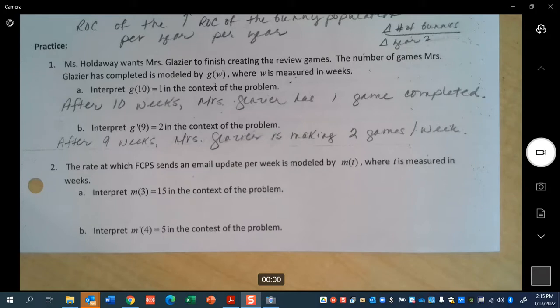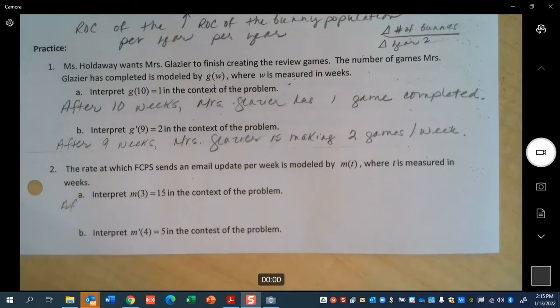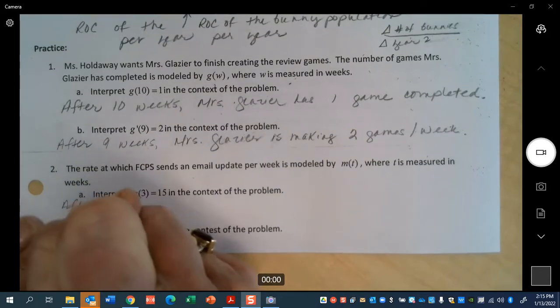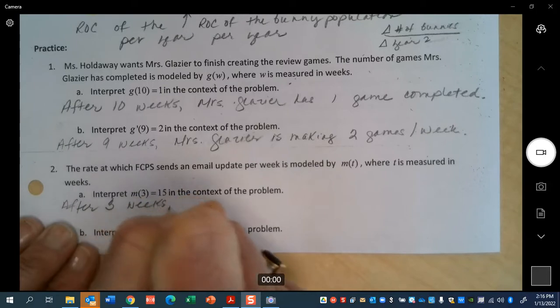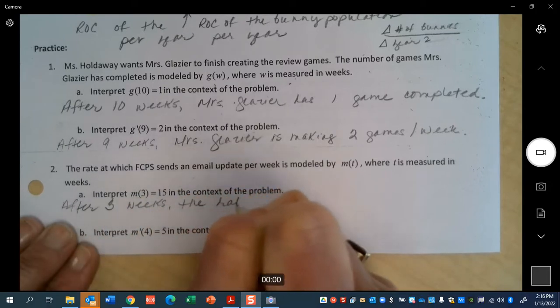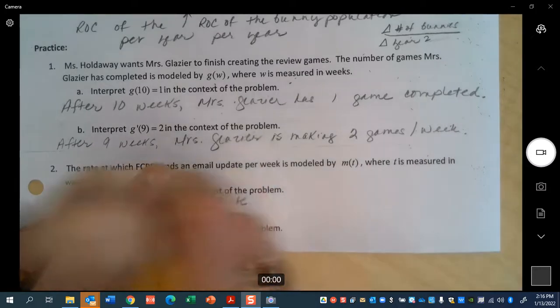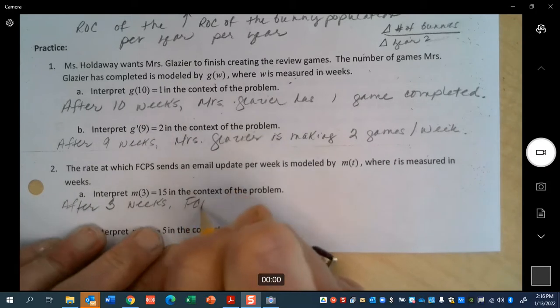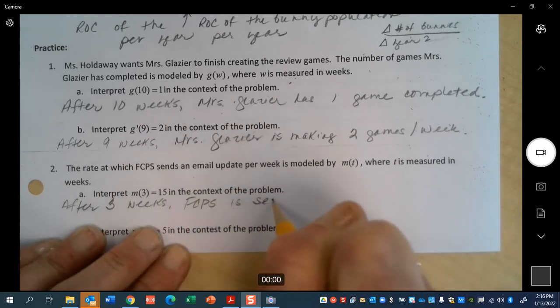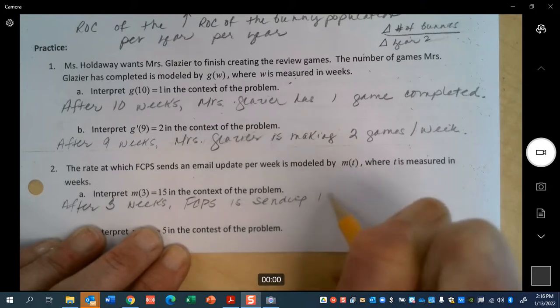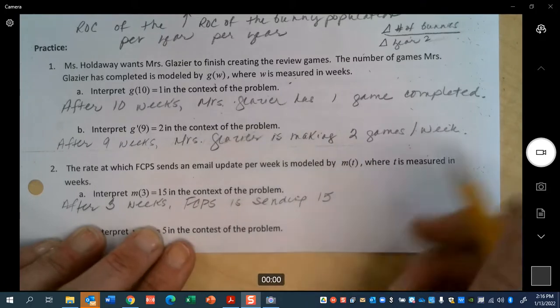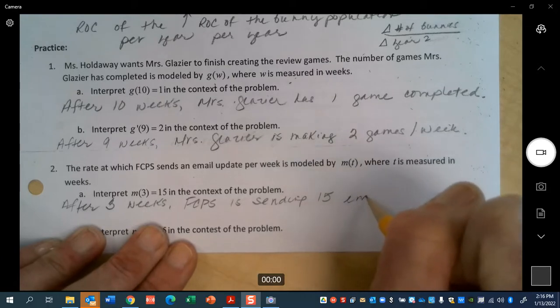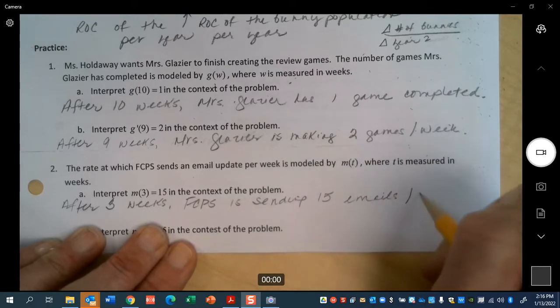After 3 weeks, the rate, well, let's start with, I keep wanting to jump to the rates. FCPS is sending what? How many? 15 emails per week.